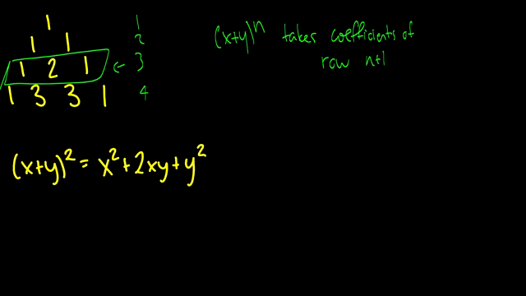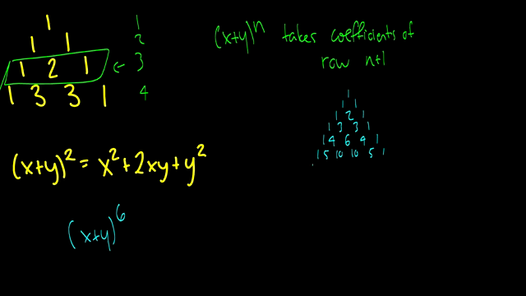So here's a question. What are the coefficients of x plus y to the 6? Well, we just draw the triangle. So we can actually do this very, very quick. In fact, we have to go up to the 7th line here, so we can do that very, very quickly. So this is the 1st, 2nd, 3rd, 4th, 5th, 6th.